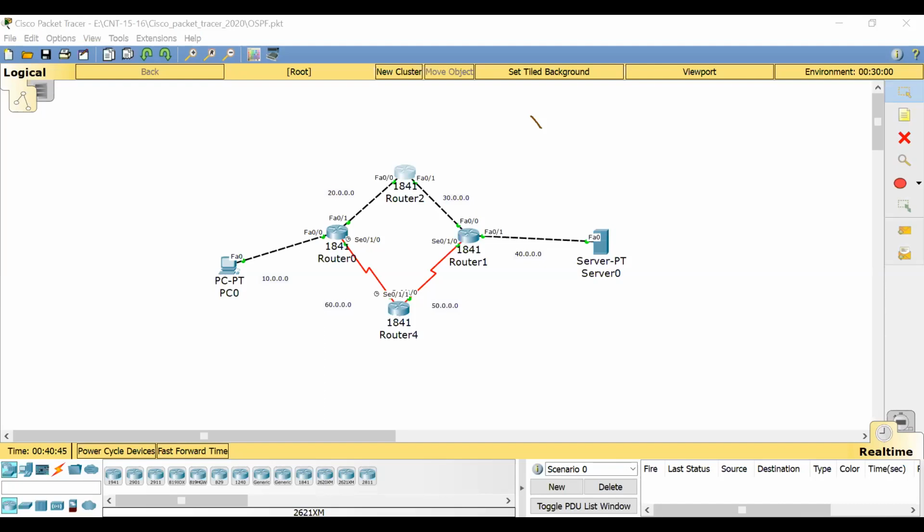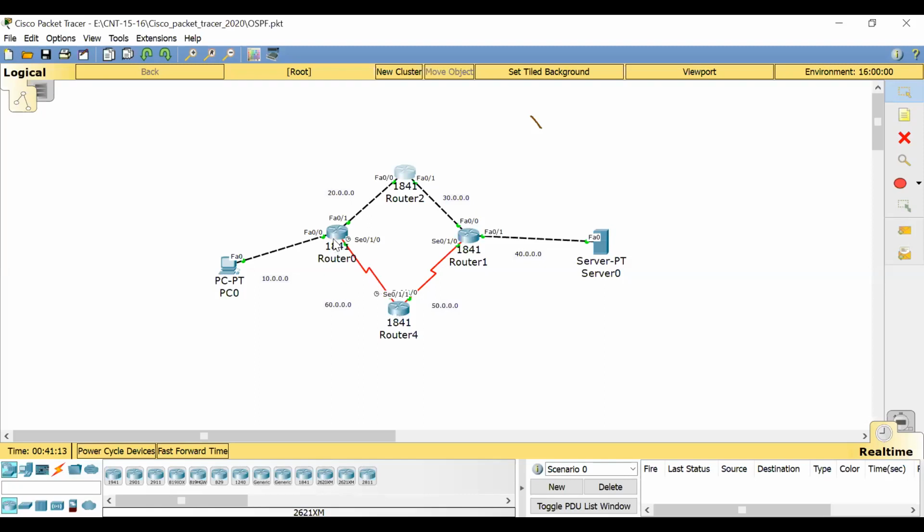And if the bandwidth is set explicitly by you, like I have set the bandwidth for that interface, that is 64, then that is 1562. So you can observe here, this is 60 network, cost is 1563, and 50 network cost is 65. The 50 network is also connected by using a serial interface, and 60 is also connected by using a serial interface.